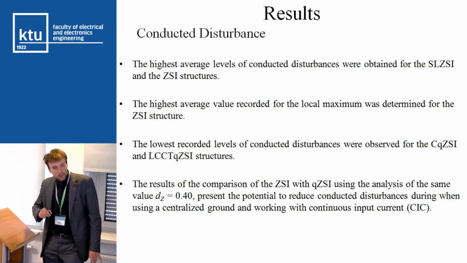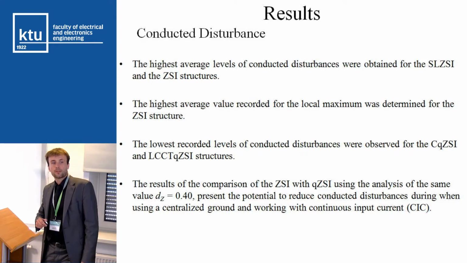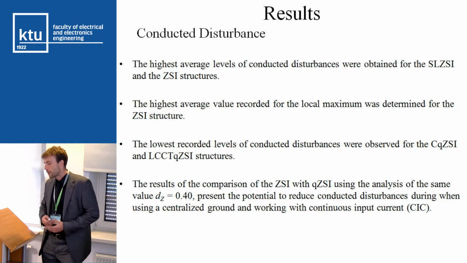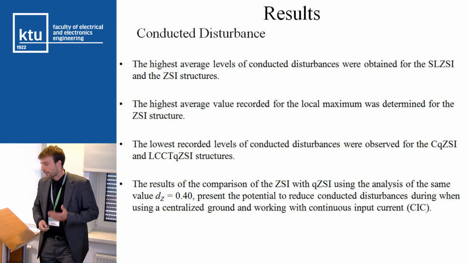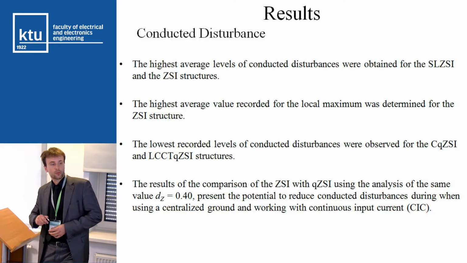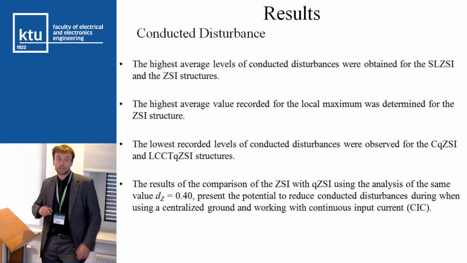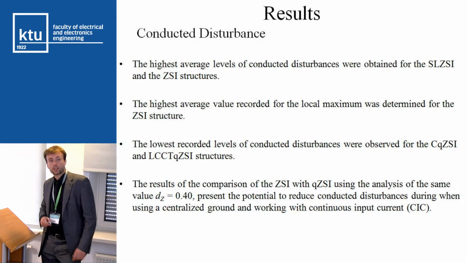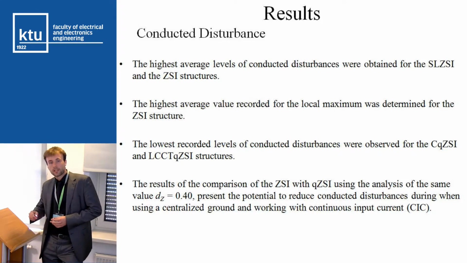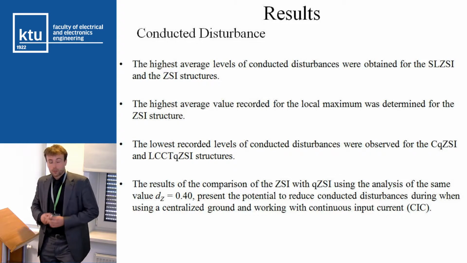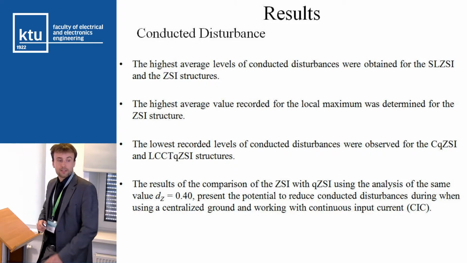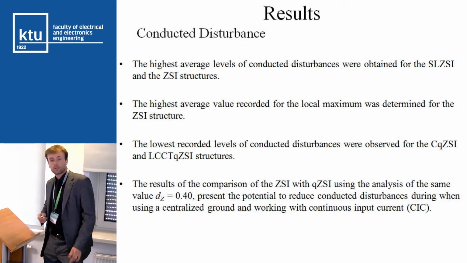And the results of the comparison of the Z source and quasi-Z source, using analysis of the mean value through the Z coefficient, show the potential to reduce conducted disturbance when using a centralized ground and working with continuous input current.